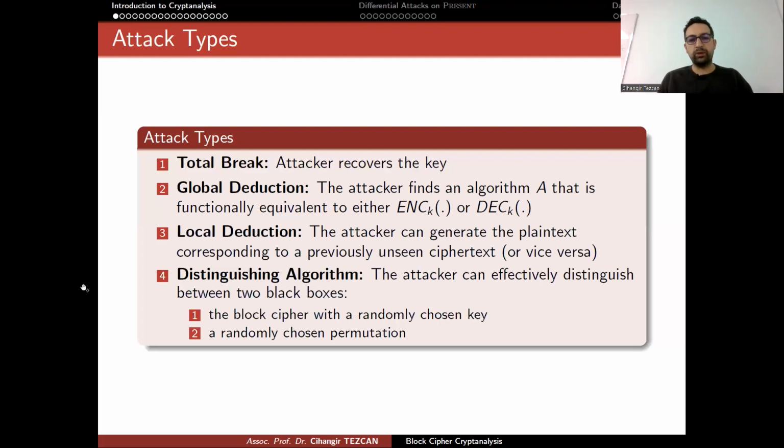The fourth thing that I'm going to talk about is the distinguishing algorithm, or sometimes called the distinguishing attack. So in this scenario, the attacker can effectively distinguish between two black boxes. One black box is the block cipher with a randomly chosen key, or a secret key that you don't know, and the other is a randomly chosen permutation. So we are going to give you a box which takes input and gives you output.